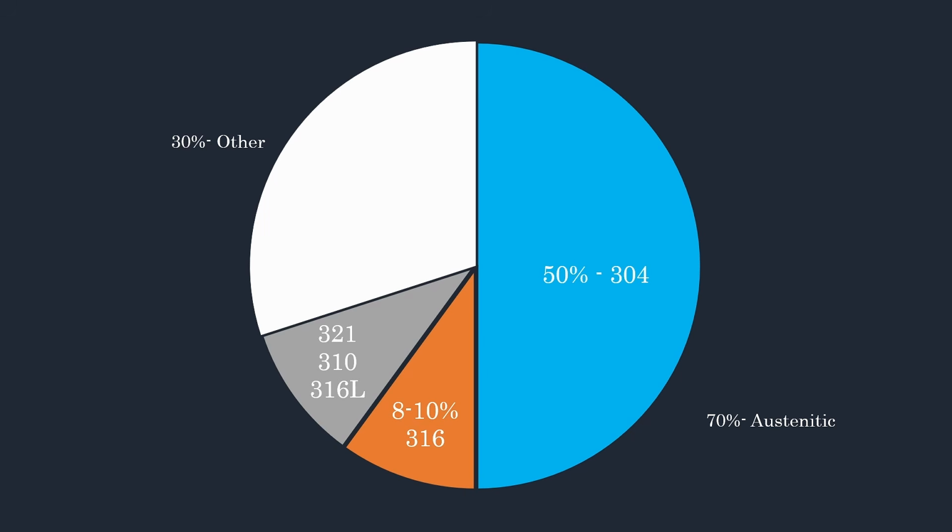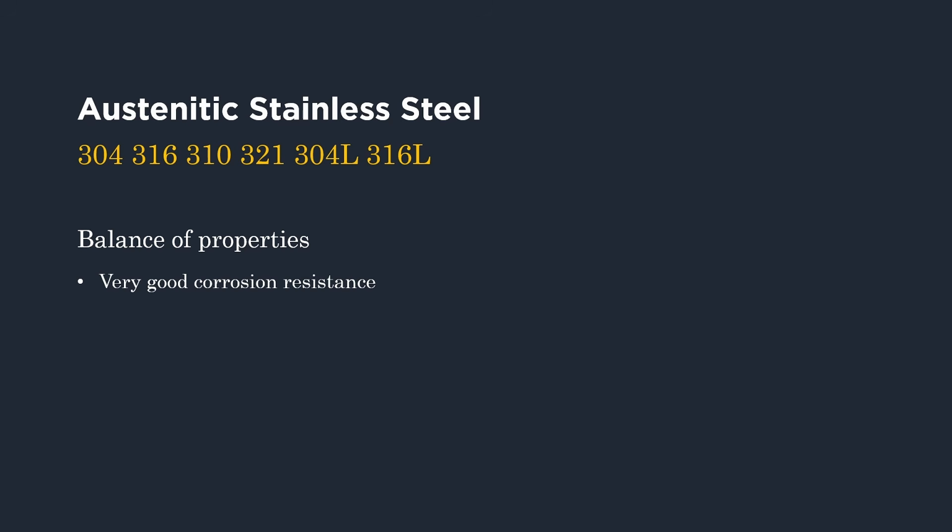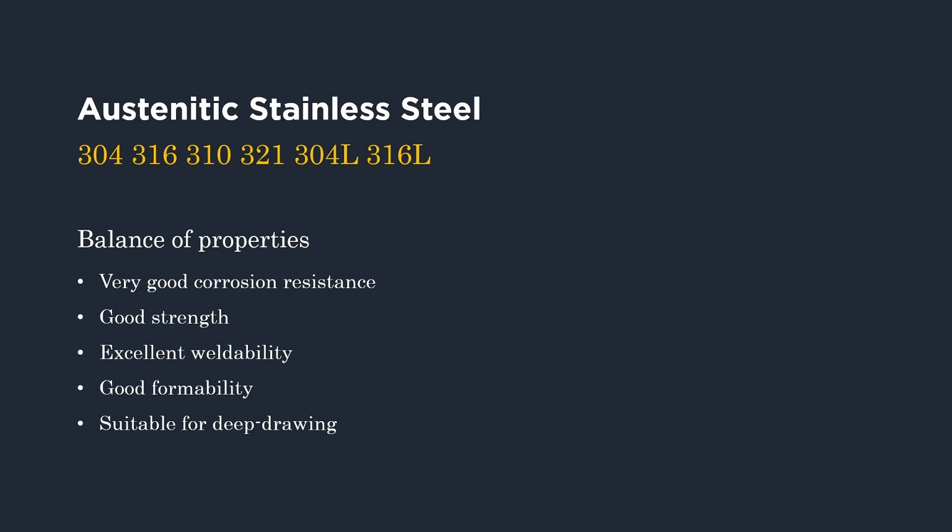Because austenitic stainless steels offer the best overall balance of properties. Very good corrosion resistance, good strength, excellent weldability, best formability, suitability for deep drawing, very high toughness, non-magnetic behavior, and they develop a shiny mirror-like finish after polishing.